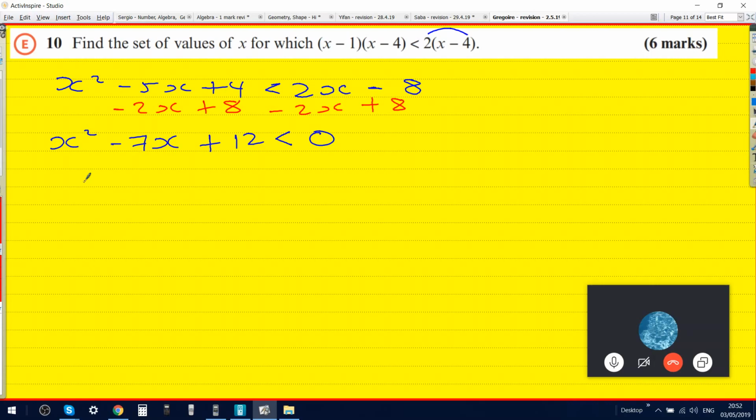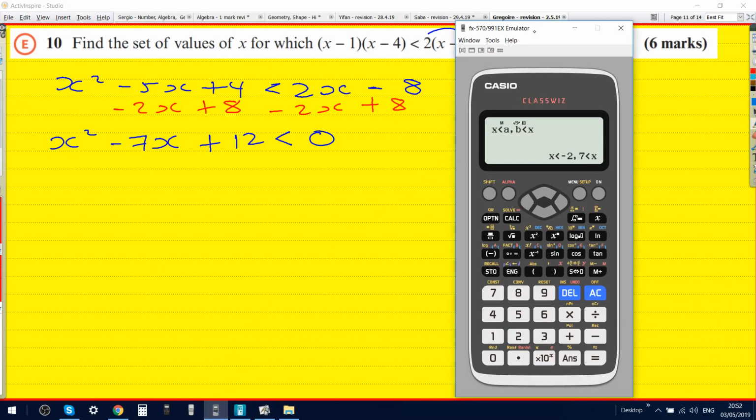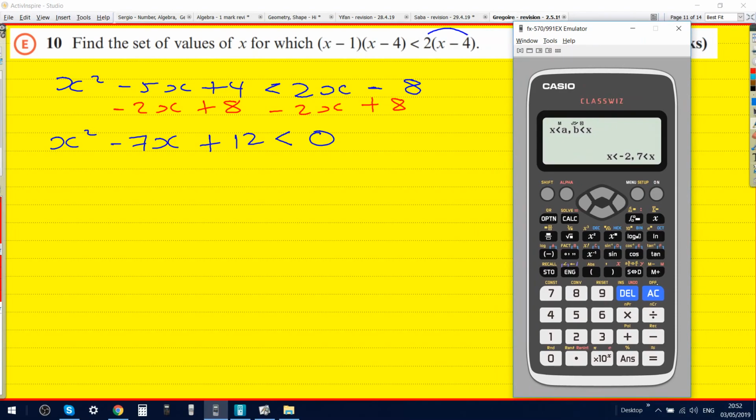So y is greater than x squared minus 7x plus 12. Accurate. It gets to 3 or 4 as well.